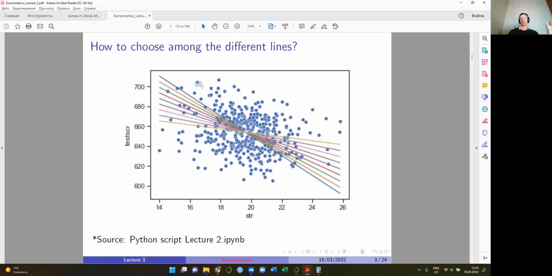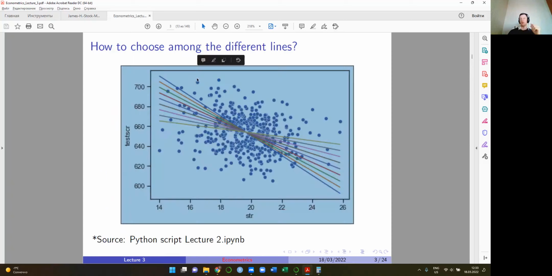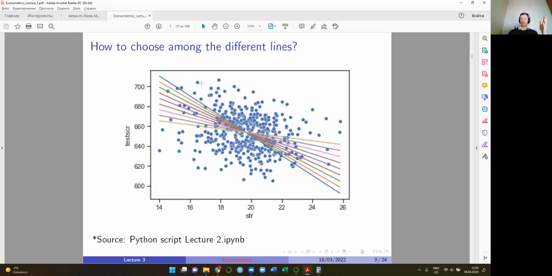So let's take this point up here. The vertical coordinate of this point is 700 something, right? This is the observed value of y. This is what we have in the data. Now the vertical distance from this point to each of these lines represents the mistake.